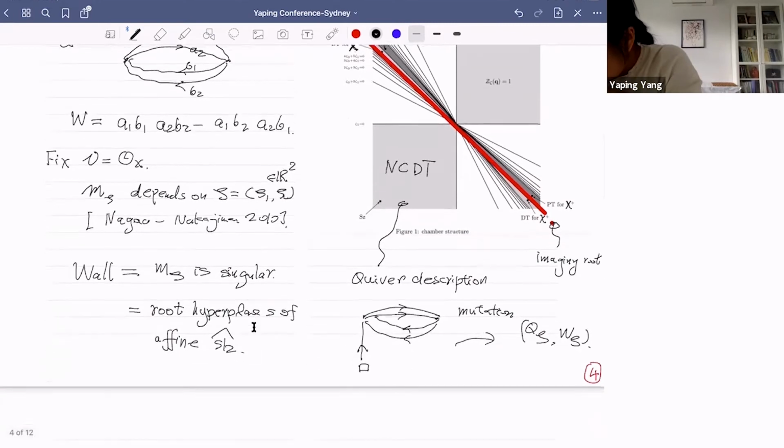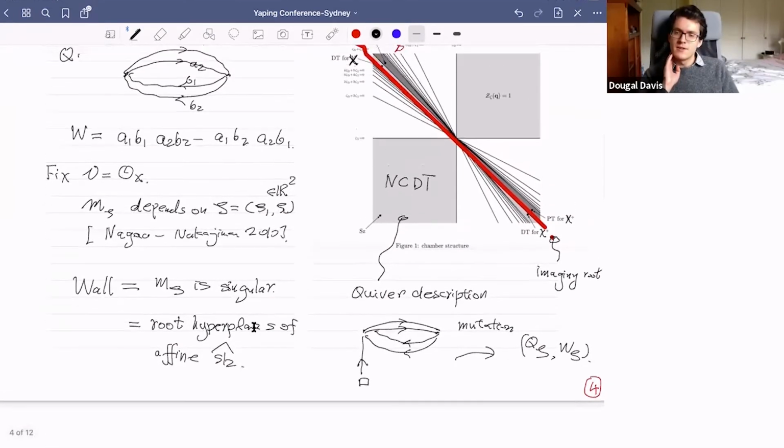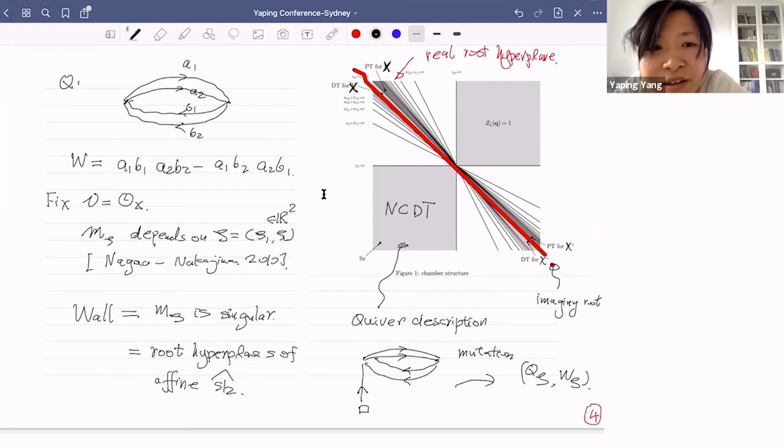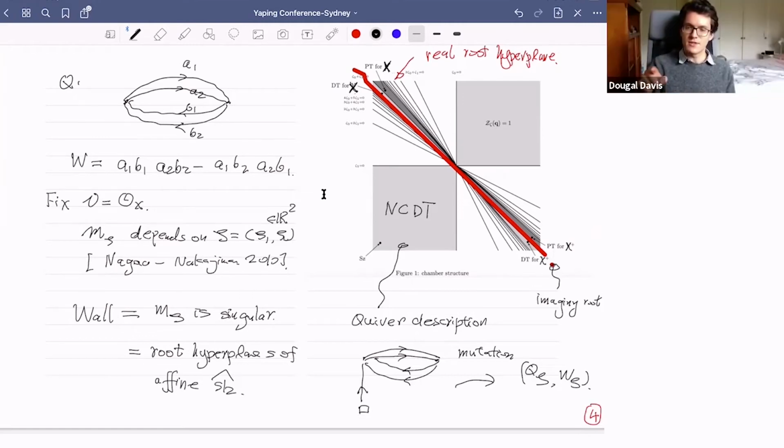Sorry, Yaping, could I ask a question? So this quiver that you've written down is just telling me what the category of perverse coherent sheaves is. And then am I right in thinking that all of these different moduli spaces are still moduli spaces of objects in that abelian category, but with different stability conditions?